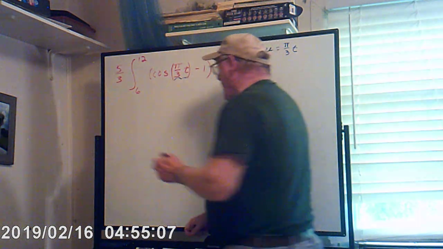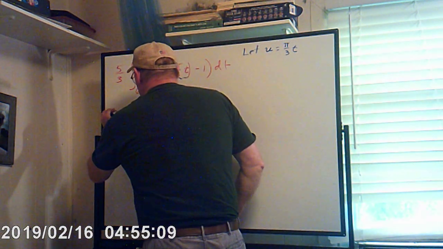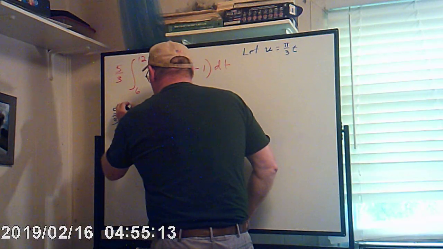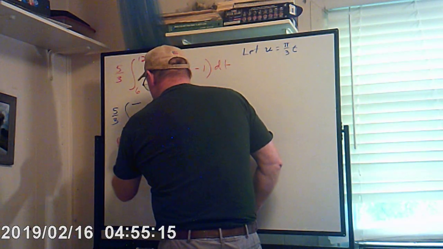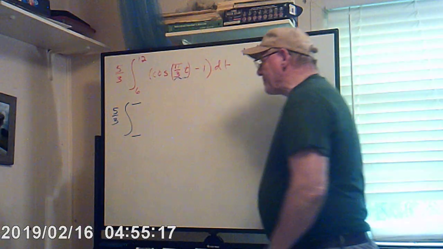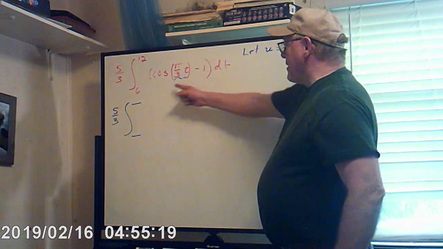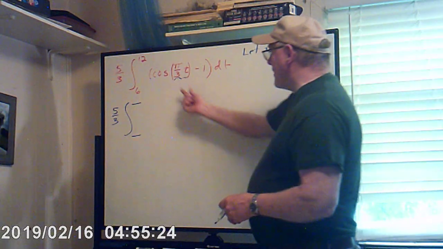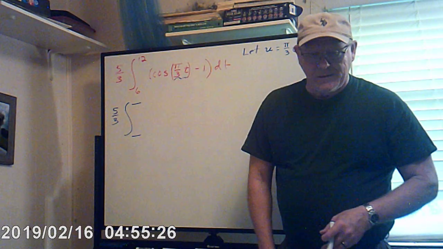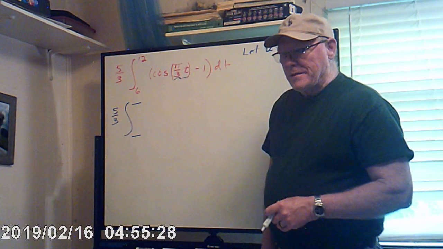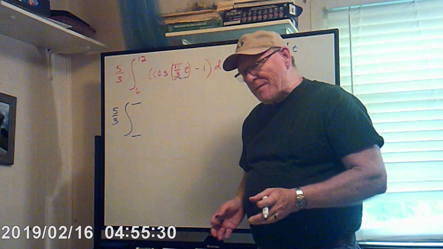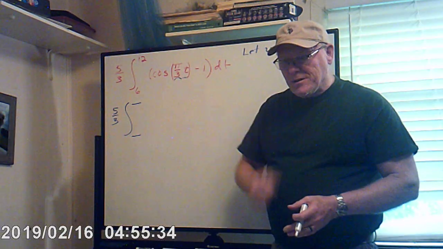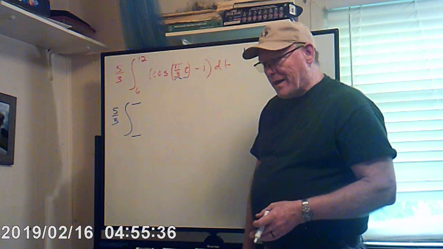So what I'm saying is, 5 over 3, we're going to change the bottom and the top. You can leave it like this. You can integrate it with this in here. But we'll show you something, and maybe, just maybe, if you follow me, you're going to see that your life is going to be made a whole lot easier.